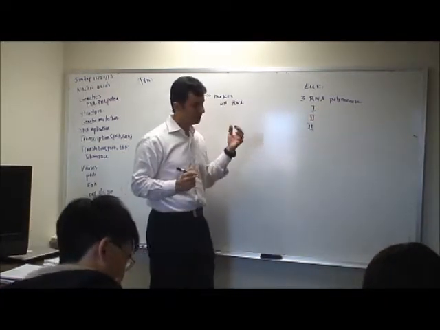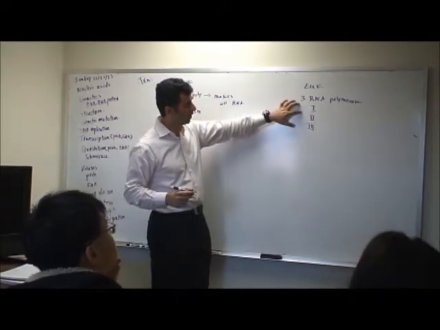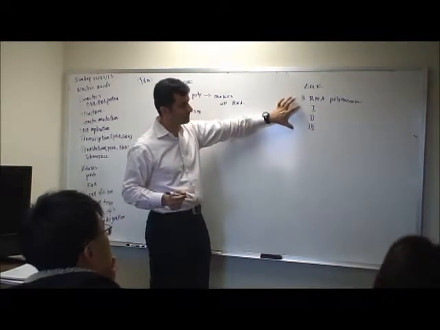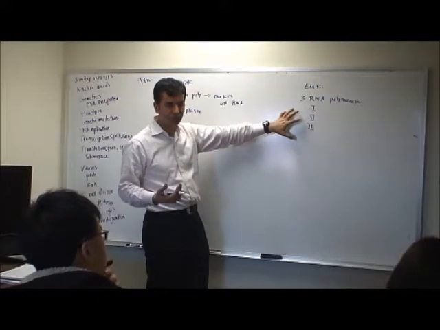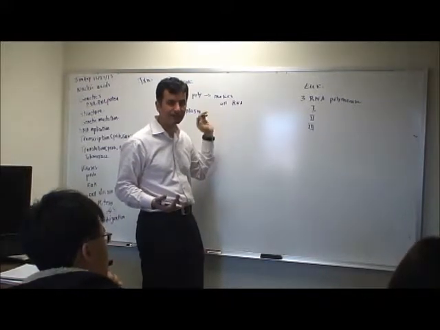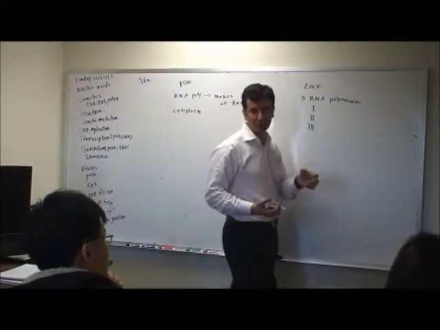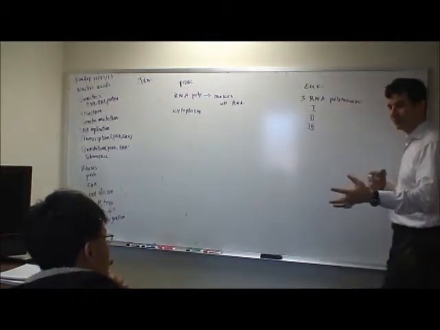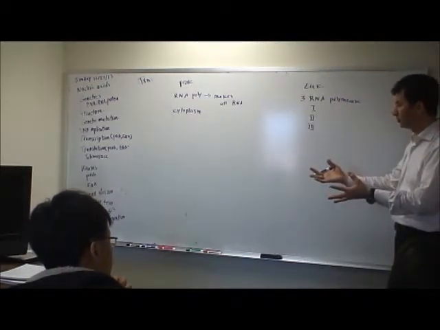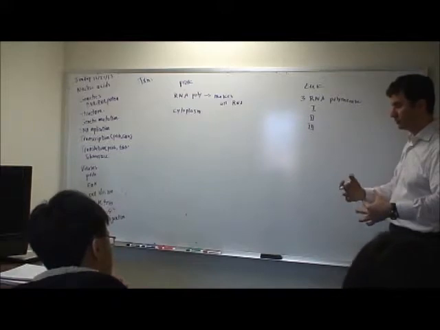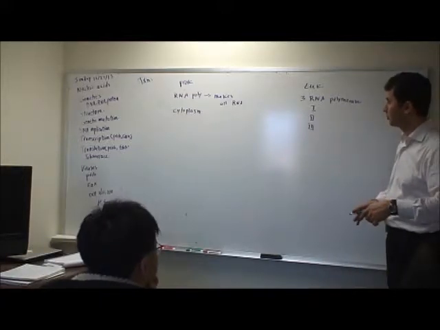Why is it that in eukaryotes, in animals, the RNA processing is more intricate, more developed than in prokaryotes? Because we have a nucleus, so some of the RNA has to be made in the nucleus, some of the RNA goes outside the nucleus, and some of them have to make protein.